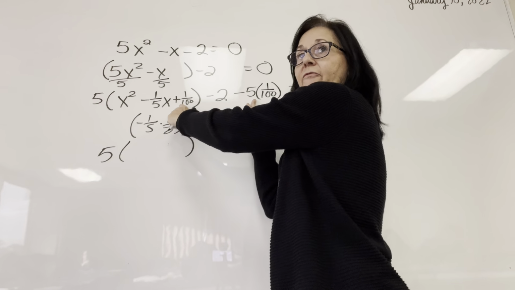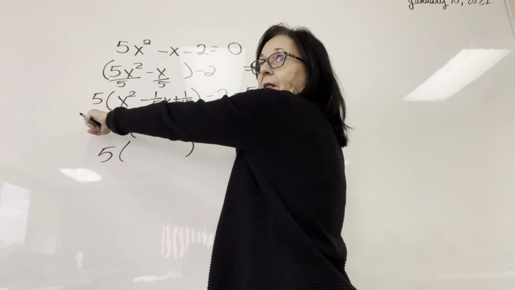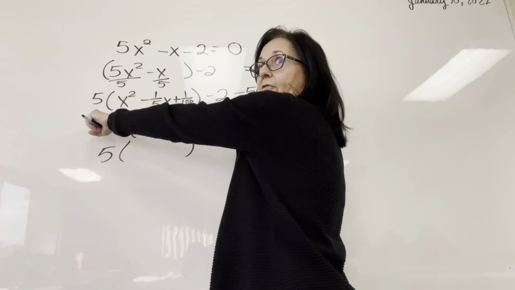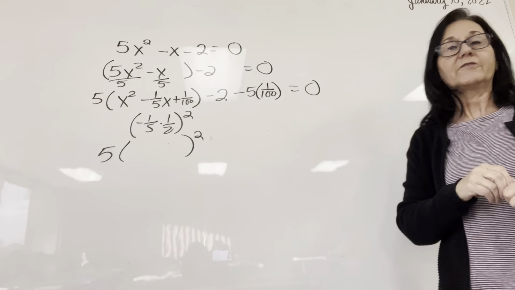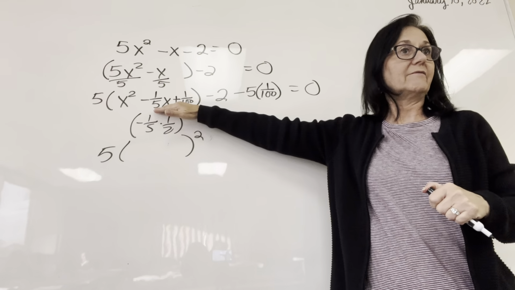Remind me, I'm multiplying by 5. Whatever I factor out, I'm multiplying by. Make sense? So the net effect, what I've done here is added 0 to the left side, right? Added 5/100ths, subtracted 5/100ths, yes.